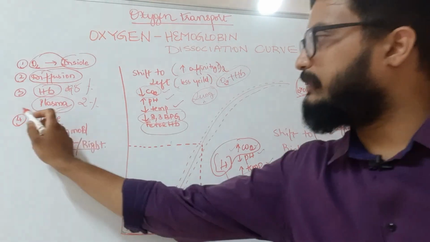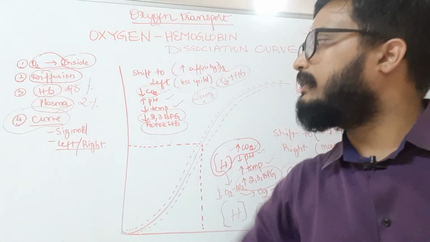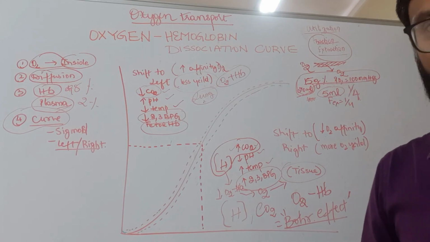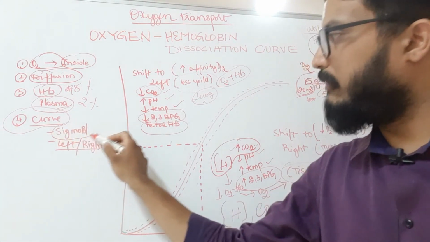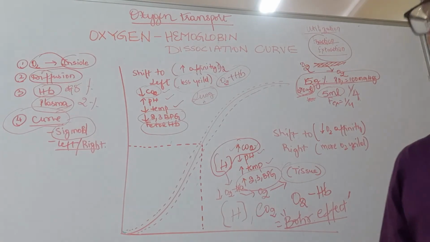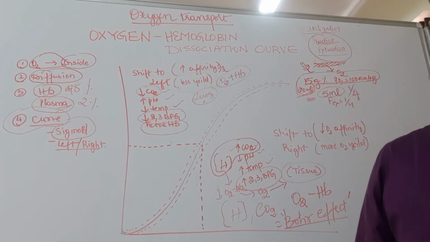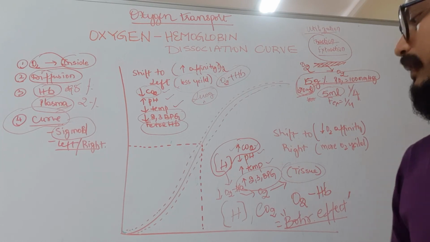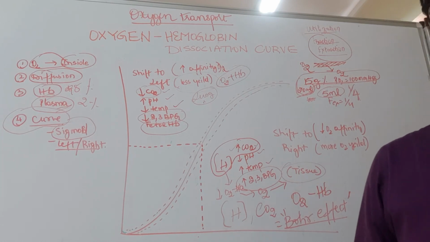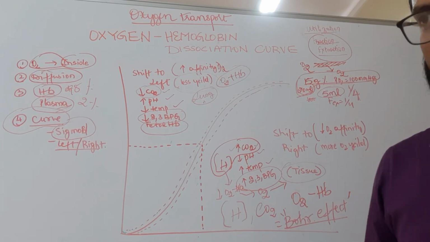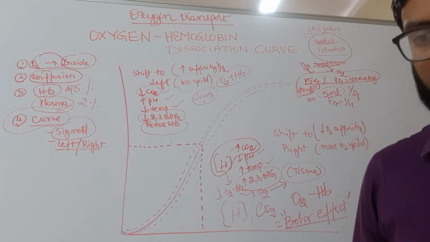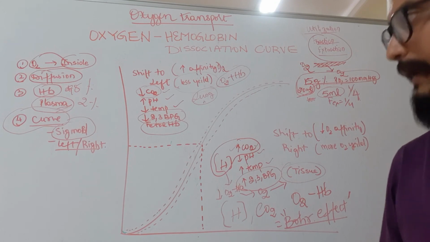We have also seen the important oxygen hemoglobin dissociation curve, which is the sigmoid curve, which explains the oxygen binding and unbinding from the hemoglobin molecule depending upon the partial pressure of oxygen. If the partial pressure is increased, it favors binding. When it goes on decreasing, it favors unbinding.